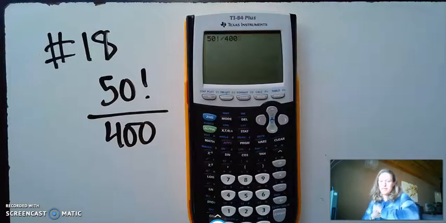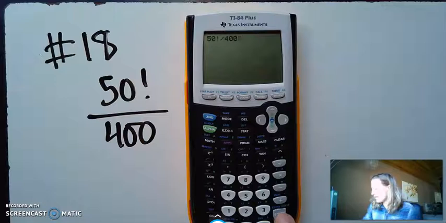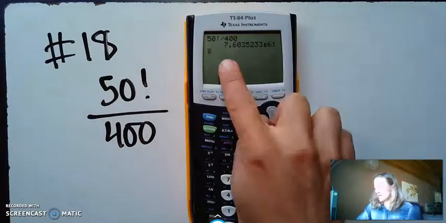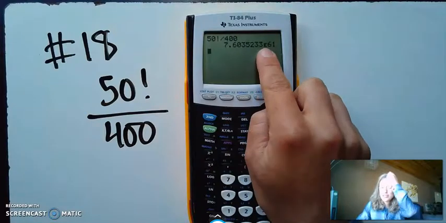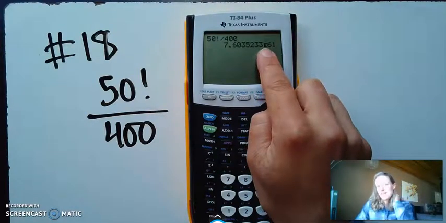So here's the last one that I want to talk about for this lesson. It's hey, use your calculator to do this. And so you type it in, and you get a crazy decimal. And so it has E in it. And so this number is so big, it's using scientific notation.